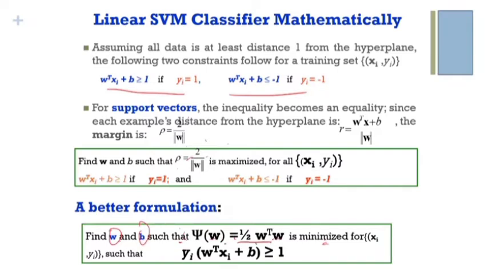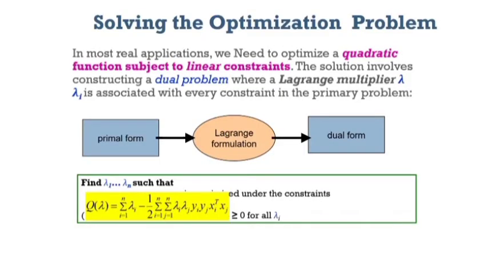So it's a minimization problem, where we're looking for W and B. There are different ways to solve the optimization problem, as I mentioned regarding optimization techniques. One popular way is to establish the primal form, solve this Lagrangian formulation, and from there you have the dual form, which results in this kind of optimization problem under constraint, in which case you solve an optimization problem for the support vector machine.